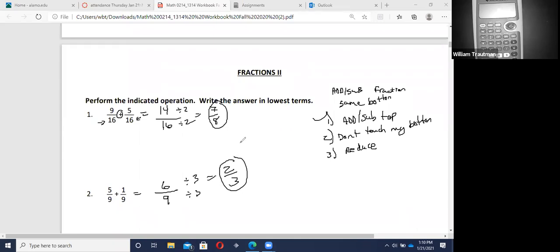So let's try number 2 on the calculator. 5 over 9 plus 1 over 9, and we should get 2/3. I'm going to go to my calculator. So I'm going to hit fraction and do 5, arrow down to 9.